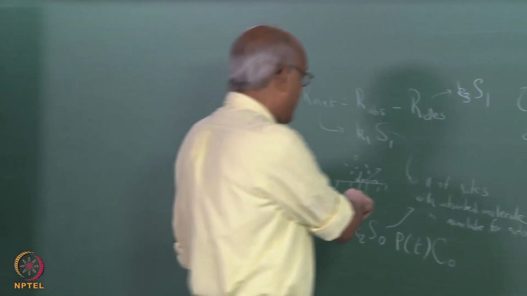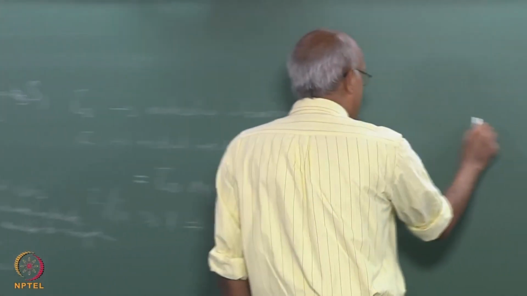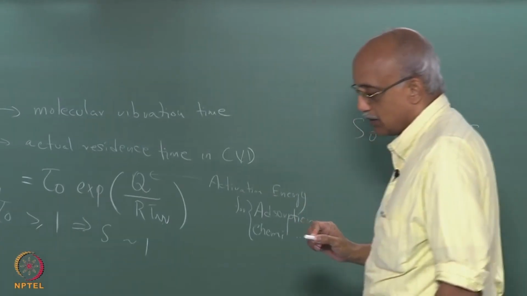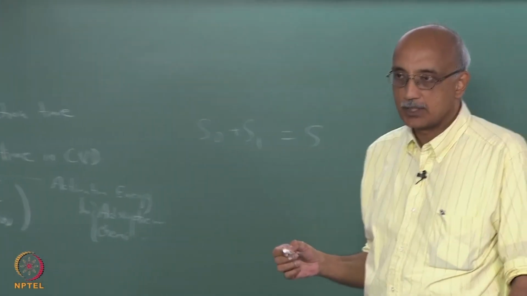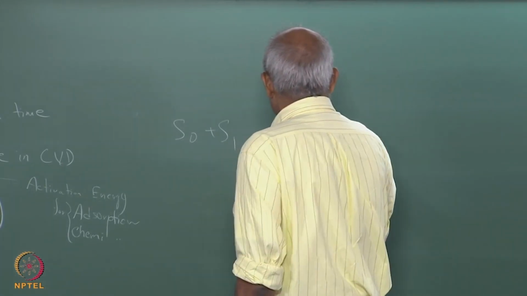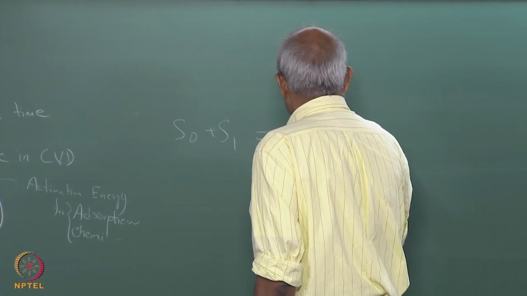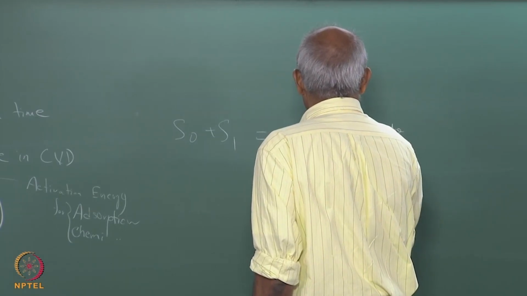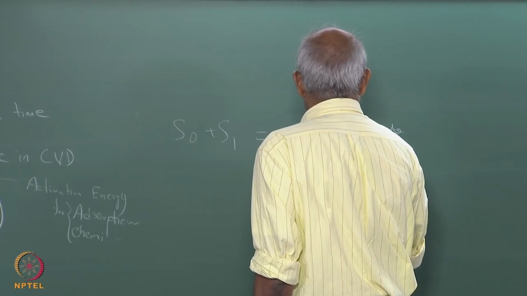If you look at S0 plus S1, of course, that gives you the total area that is available, and you can also write that as the area of the substrate divided by A per site.